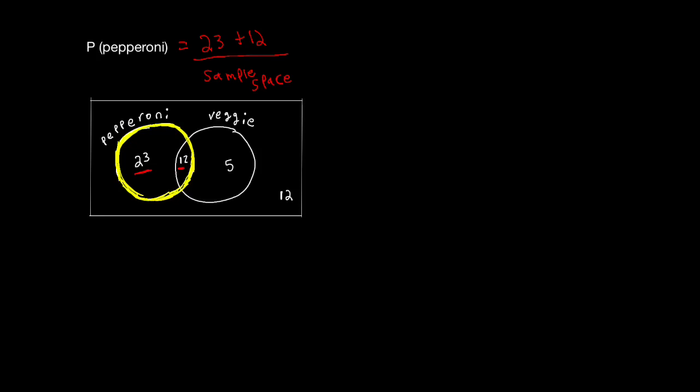Well, we can do the numerator first. So 23 plus 12, we're going to get a total of 35. And as for the sample space, we're going to add every number that we see. So here we have 23 plus 12 plus 5 plus another 12.